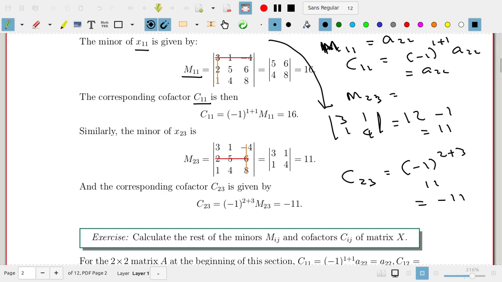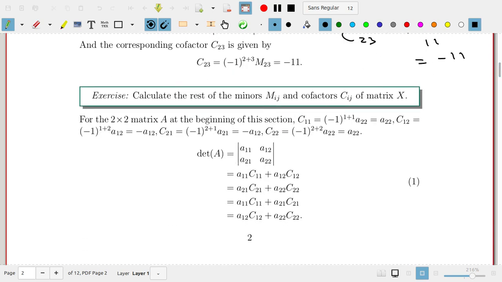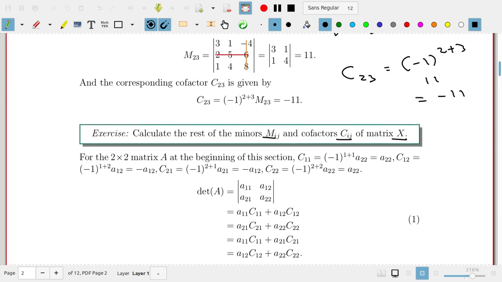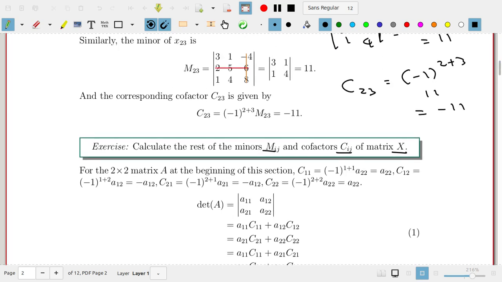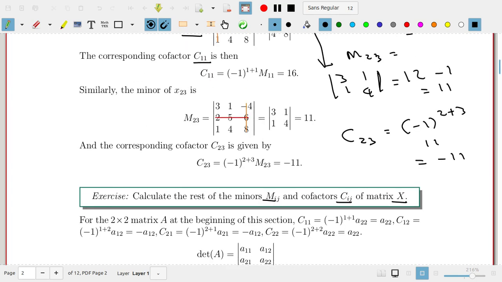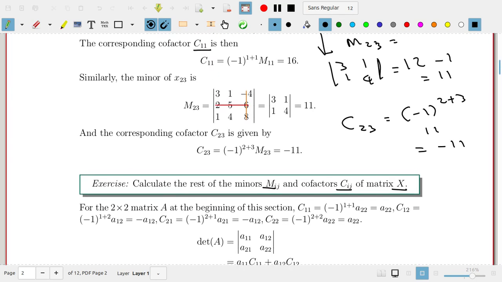Okay, so the next exercise tells you to calculate the minors Mij and the cofactors Cij of the matrix X. What is each minor and what is each cofactor?